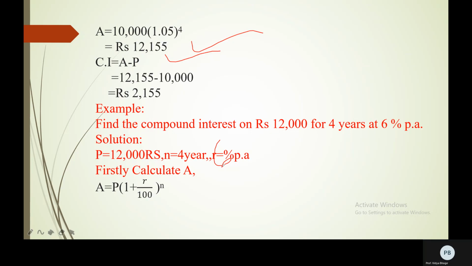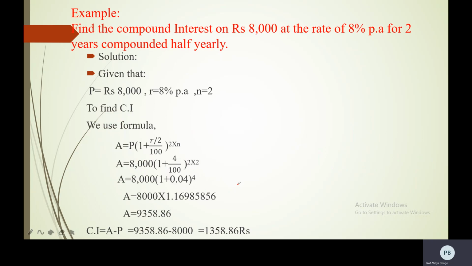Firstly calculate the A value by using this formula: A is equal to P in bracket 1 plus R. By putting all these values in this formula, we get the amount. Then we move to the next example.